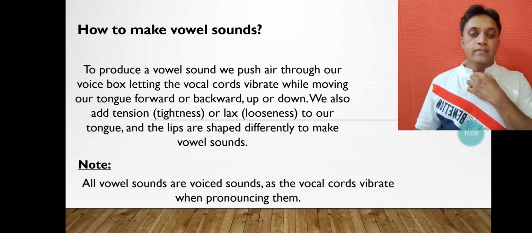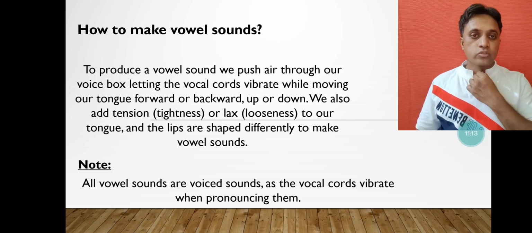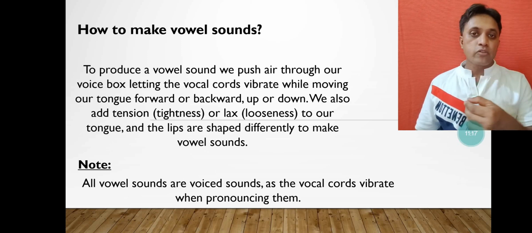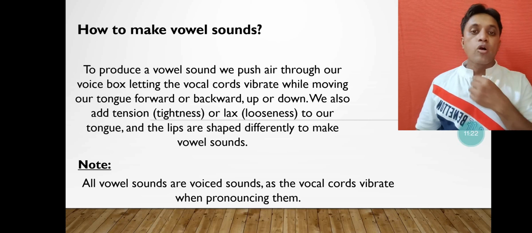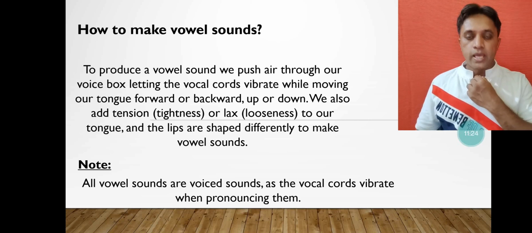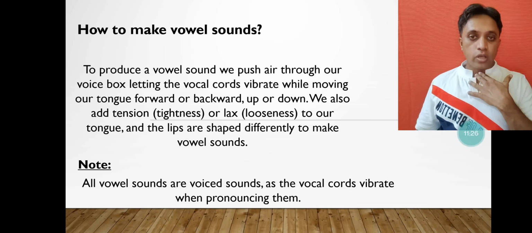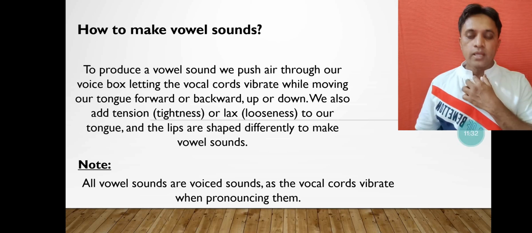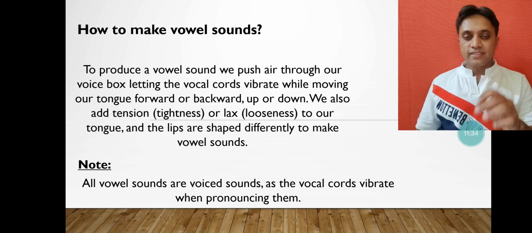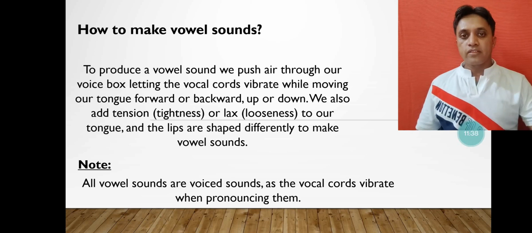So if there is a vibration in the vocal cords while pronouncing any sound, such sounds are called voiced sounds. And if there is no vibration in the vocal cords during the articulation of a particular sound, then such a sound is called a voiceless sound. The details of voiced and voiceless sounds are discussed in a lesson on American consonant sounds.